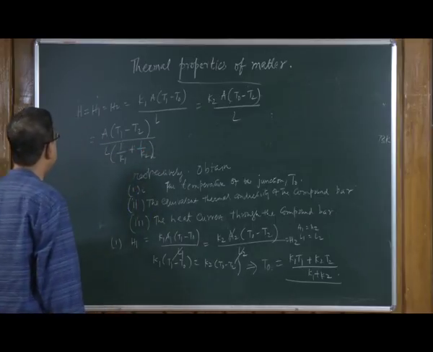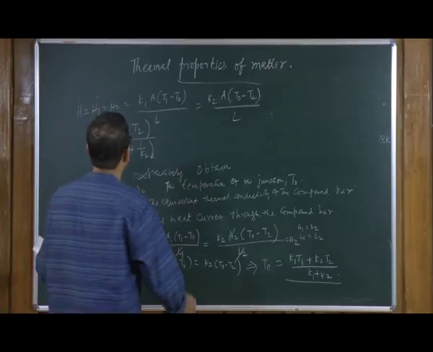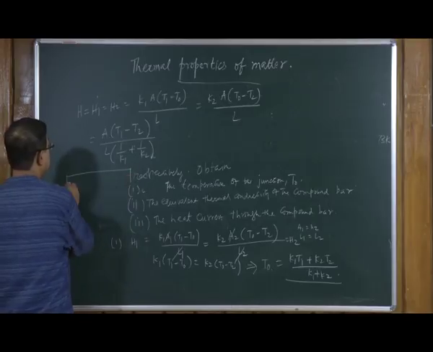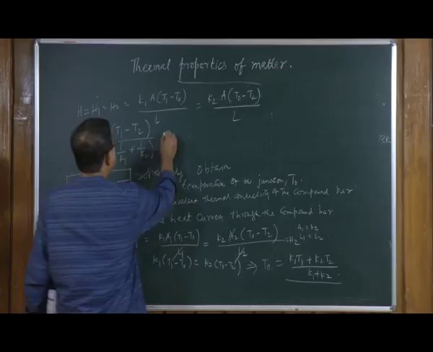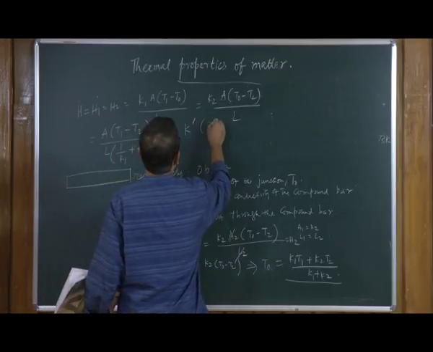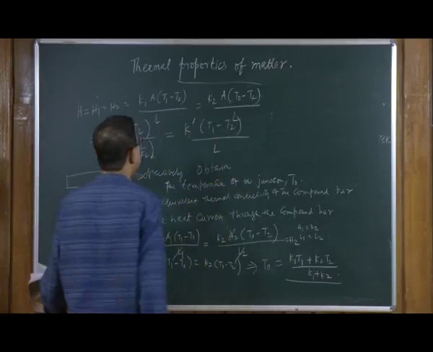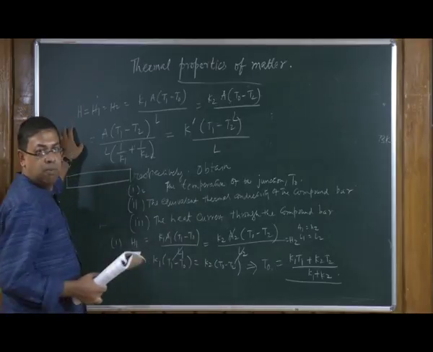So, that is the heat flow, and this can be understood as follows: if I now take this rod as a compound bar and write this formula simply as some K prime times A (T1 minus T2) divided by L, this is of course the heat flow per unit time.